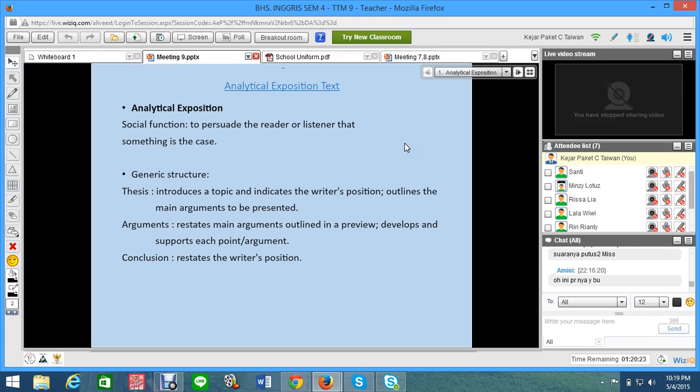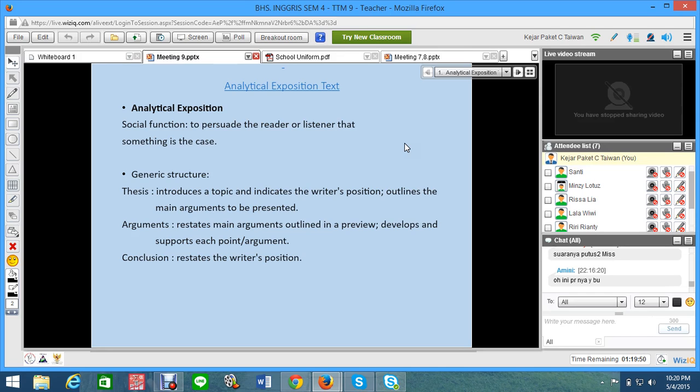First, we have to know the social function. Okay, so the social function of analytical exposition is to persuade the reader or listener that something is the case. To persuade, mempengaruhi, the reader, pembaca atau pendengar, okay, that something is the case, bahwa sesuatu yang kita tulis itu menjadi suatu kasus, menjadi suatu masalah, atau menjadi suatu isu atau topik.